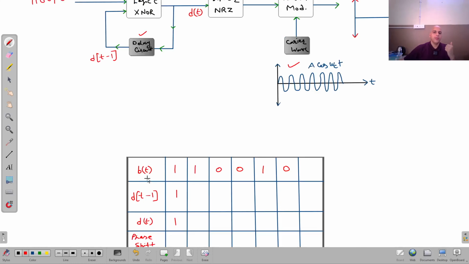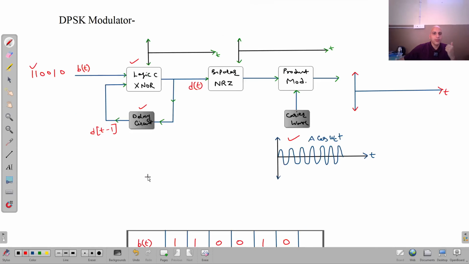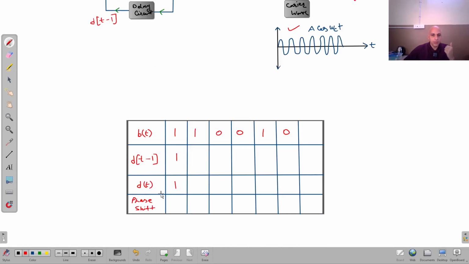To understand it in a better way, let's leave this column blank and start from the next column. So I am drawing it again.